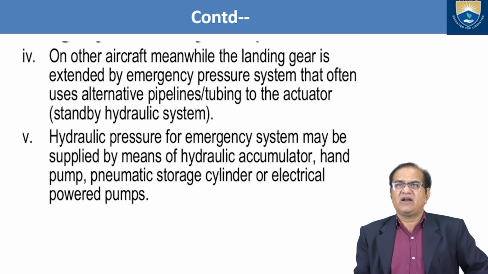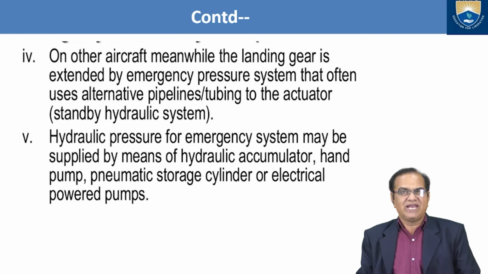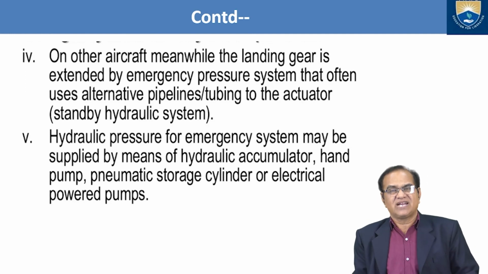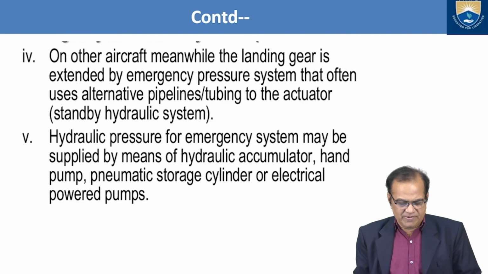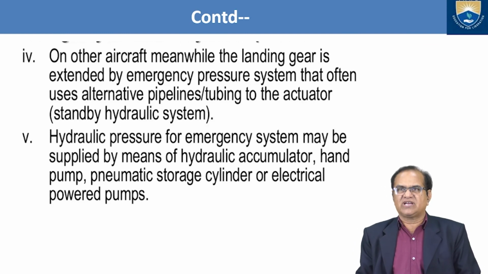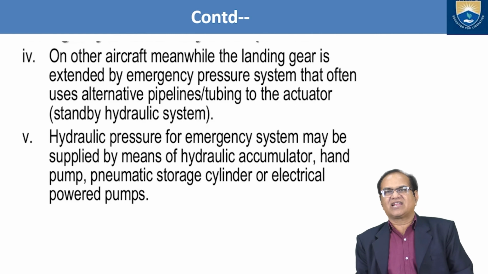On other aircraft, the landing gear is extended by an emergency pressure system that often uses alternative pipelines and tubing to the actuator, a standby hydraulic system. So, main hydraulic system, then standby hydraulic system. Hydraulic pressure for the emergency system may be applied by means of a hydraulic accumulator, hand pump, pneumatic storage cylinder or an electrical power pump.